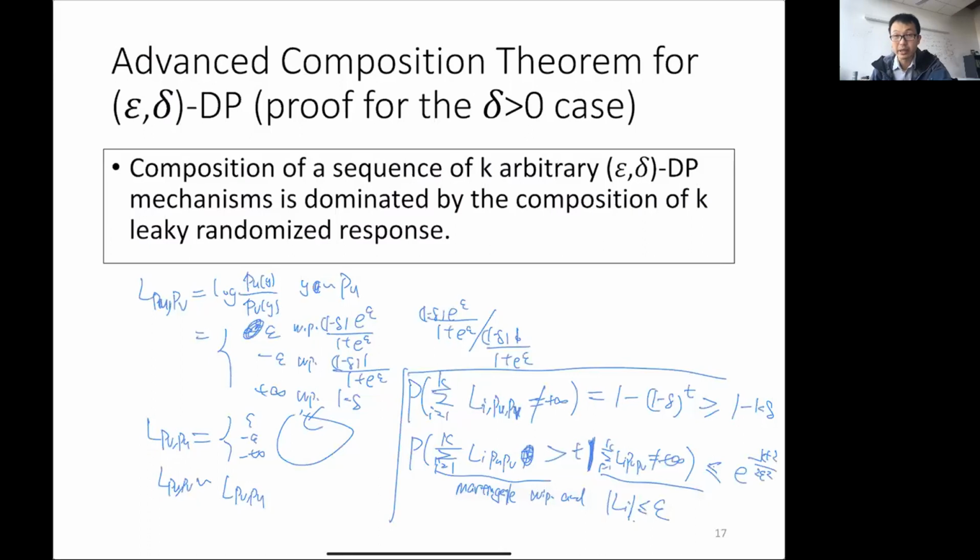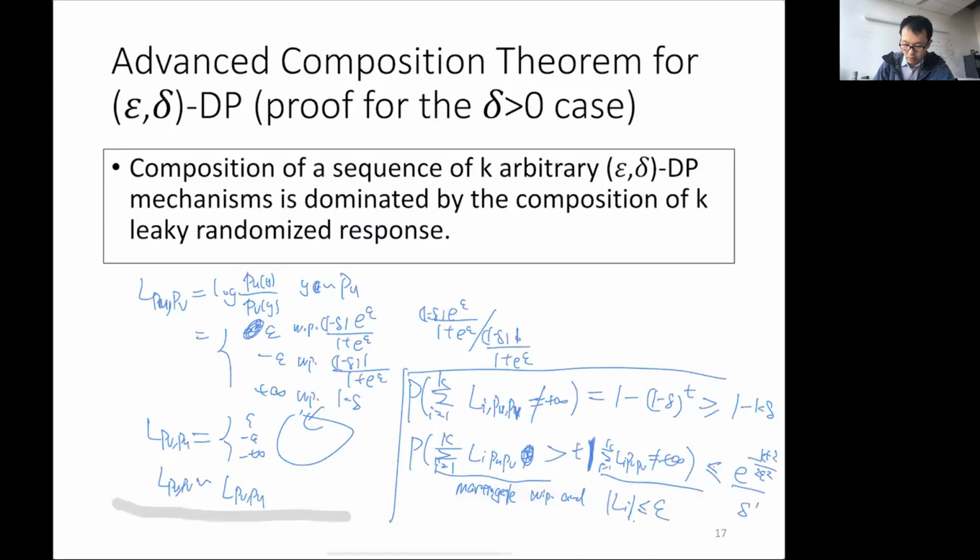And by working out the right choice of t to make this delta prime, we can recover the proof for the advanced composition theorem for the case when delta is larger than 0.